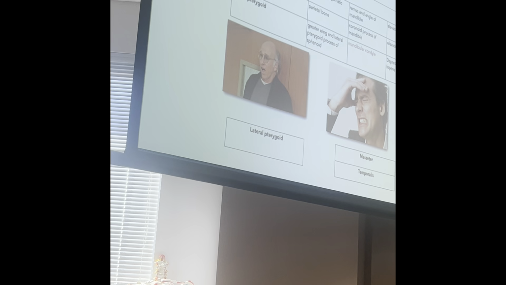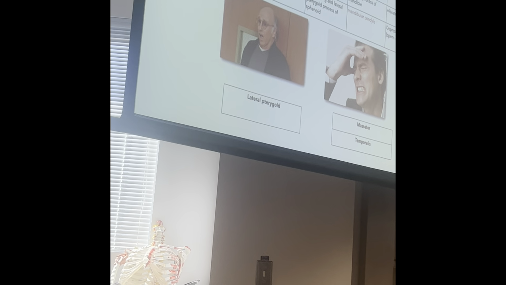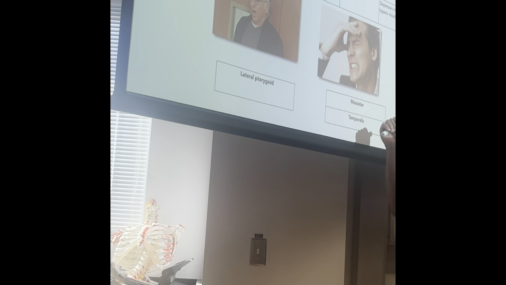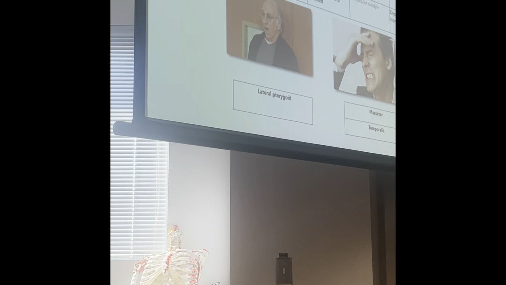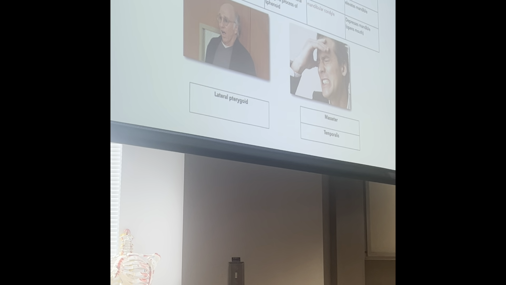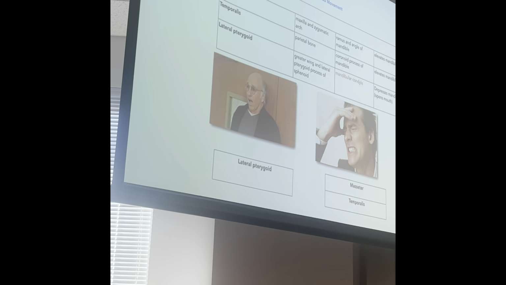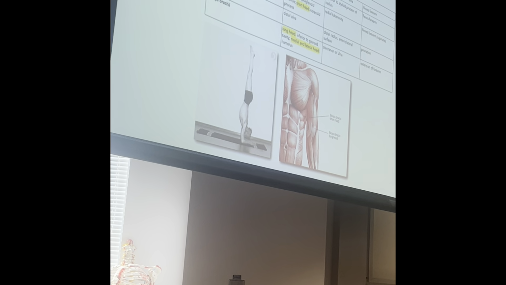Okay, so lateral pterygoid is involved in what? Elevation or depression of the jaw? Depression of the jaw. If I cut it, that means you can't depress the jaw, which means you can't open your mouth. If I were to cut the masseter, then I'd be Larry David here, with my mouth open. Making sense?